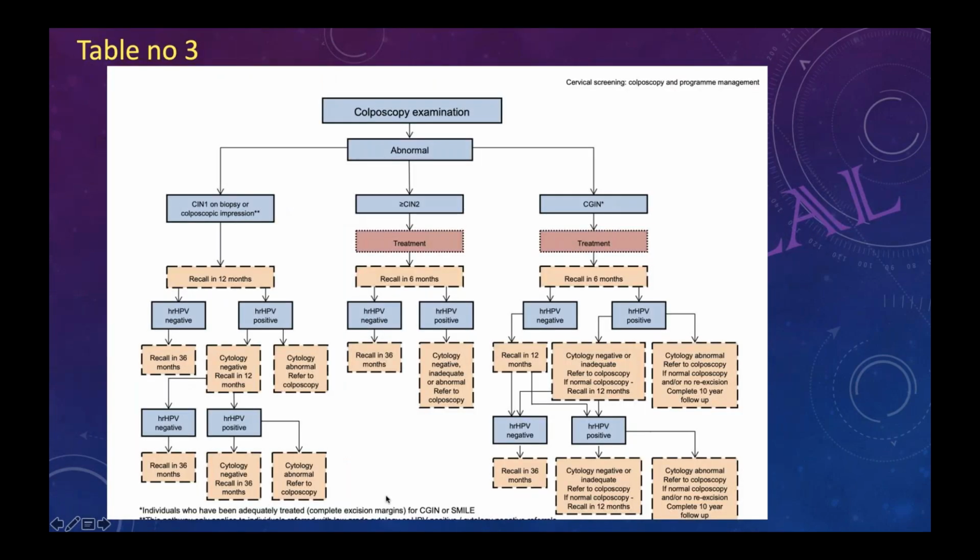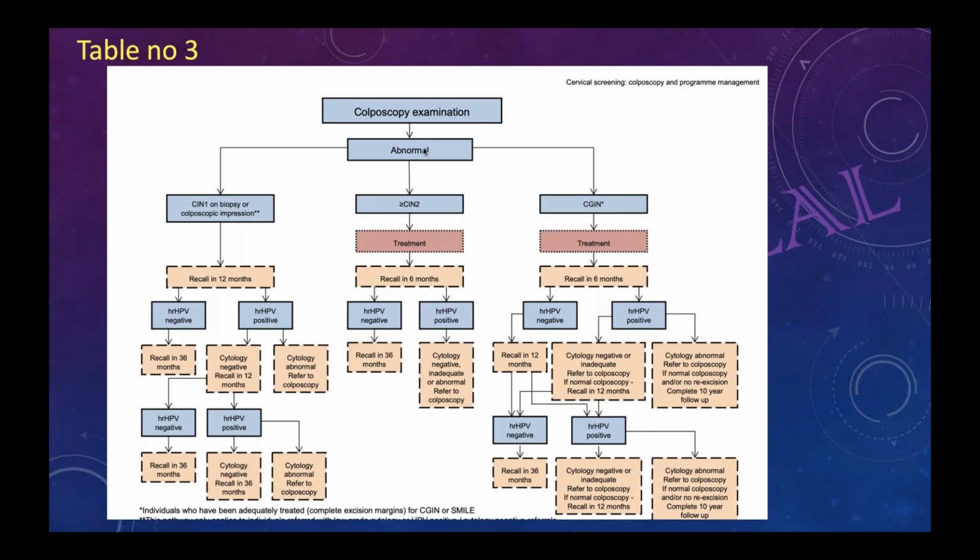Now this is table number 3. This appears to be a very scary thing, but I will try to break it into simple pieces, so the things will become easy. So now I am in the colposcopy clinic, and I found my patient's colposcopy. I have done it adequately, but I'm not happy because this patient has got some abnormal changes. So I have got a suspicion running in my head.